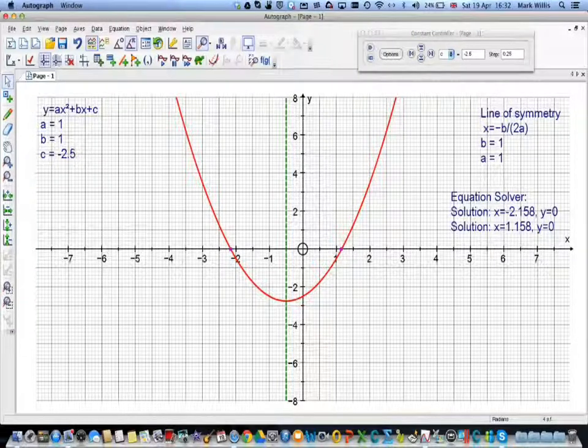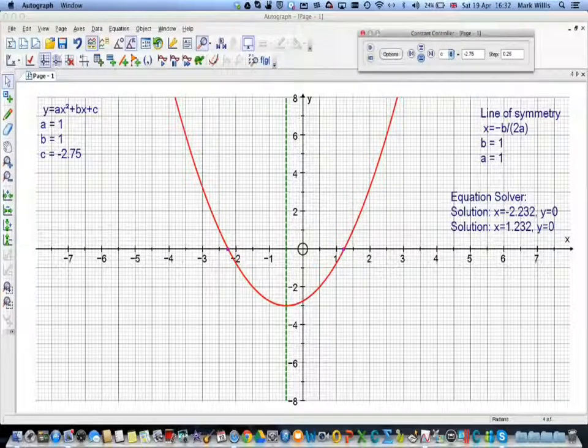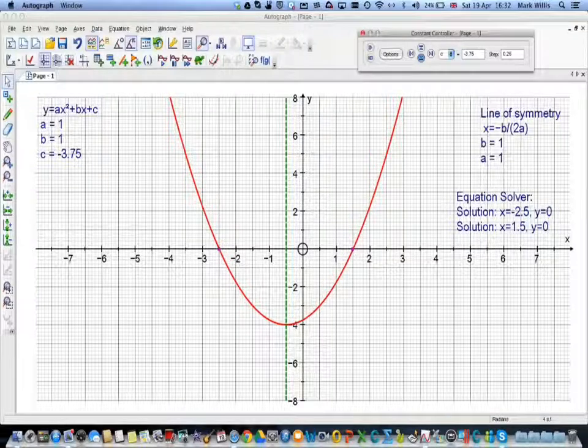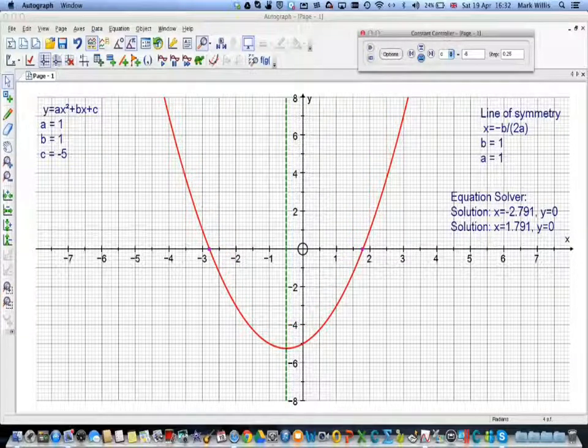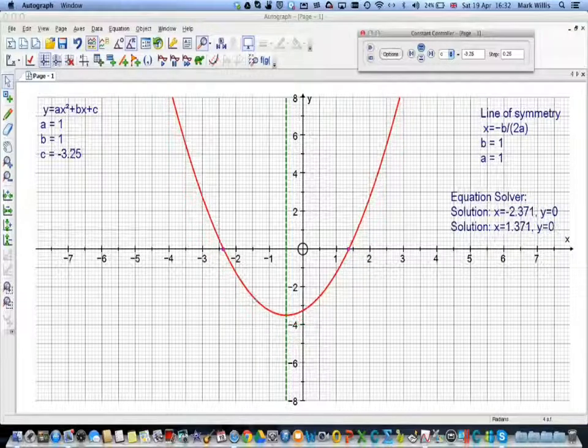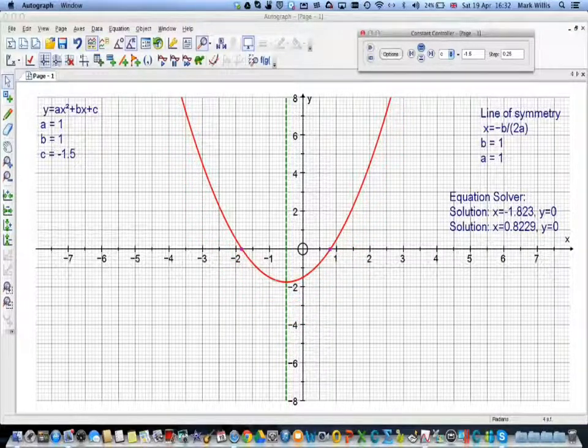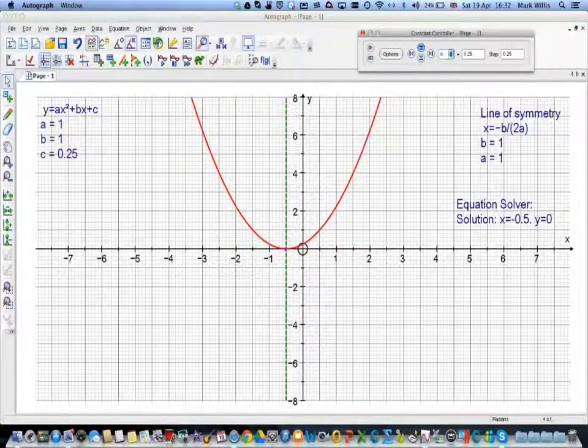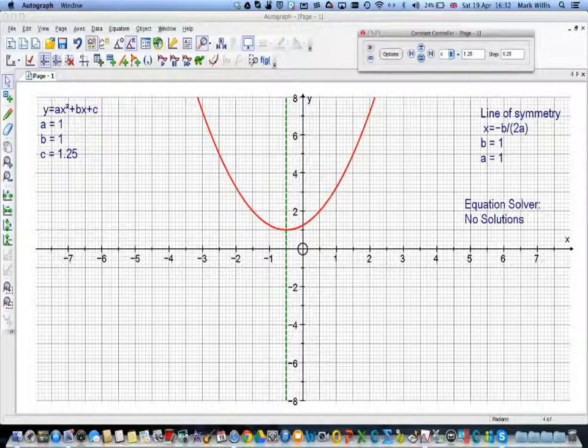And if we now continue to move c, here we can see we'll always have two solutions. If we move c back up, there comes a particular point where we're only going to get one solution to the quadratic. And then if we move it up furthermore, we'll get no solutions.